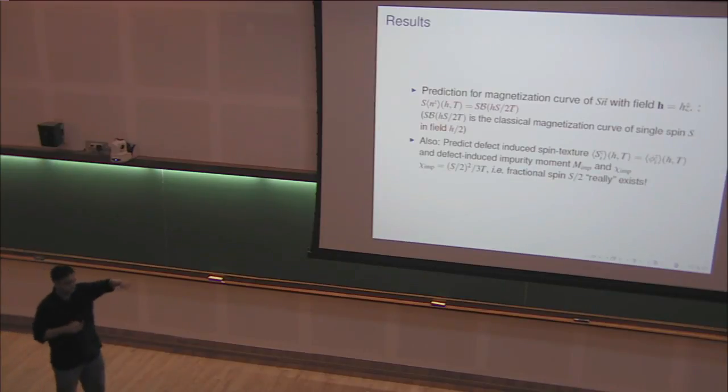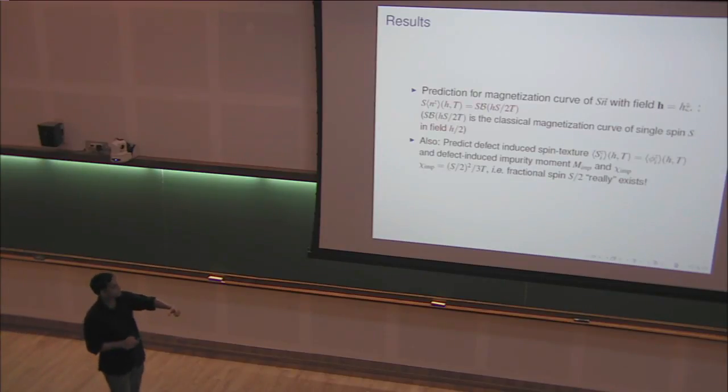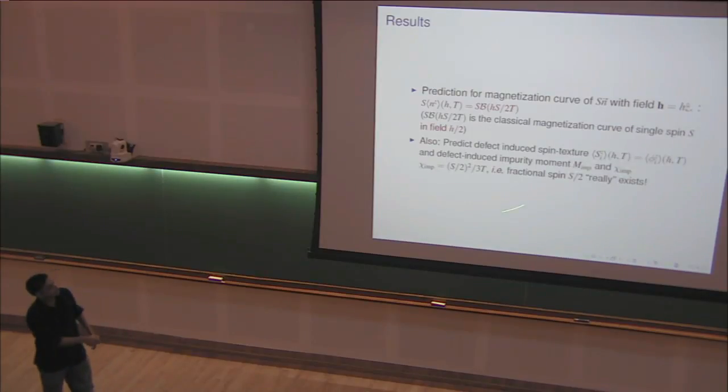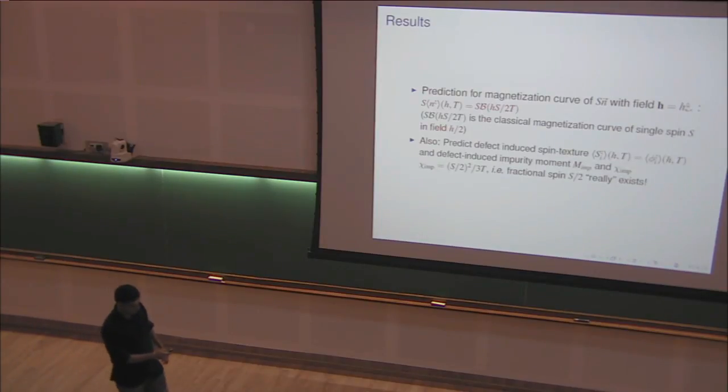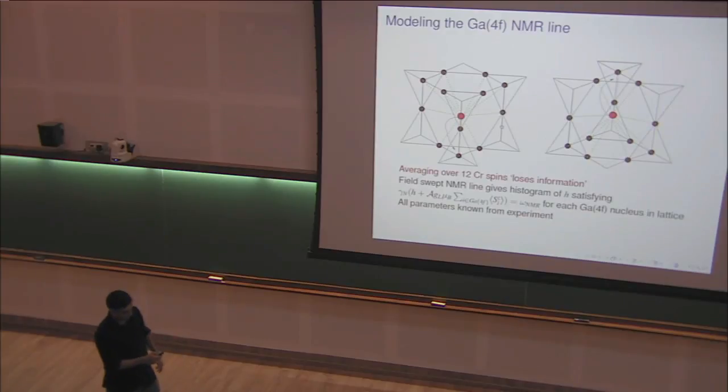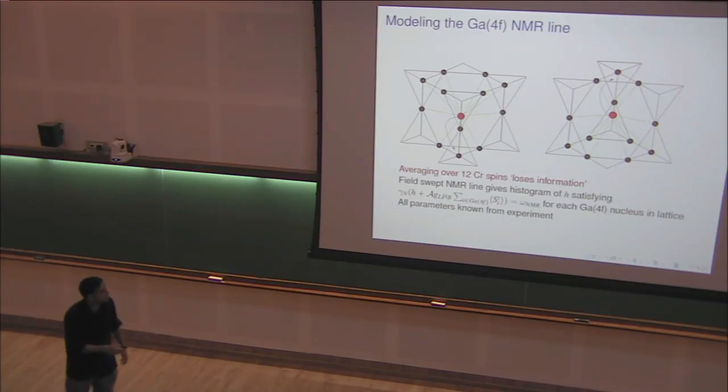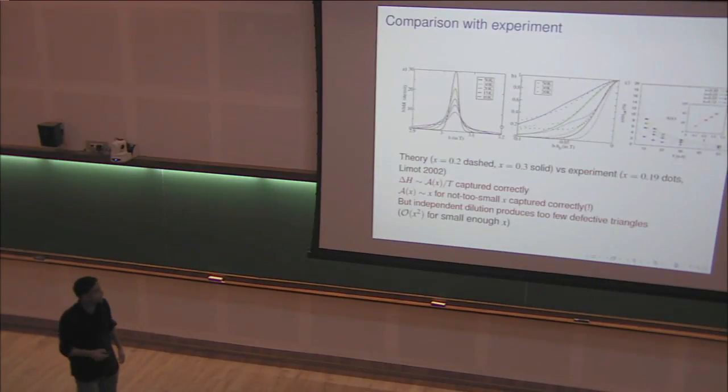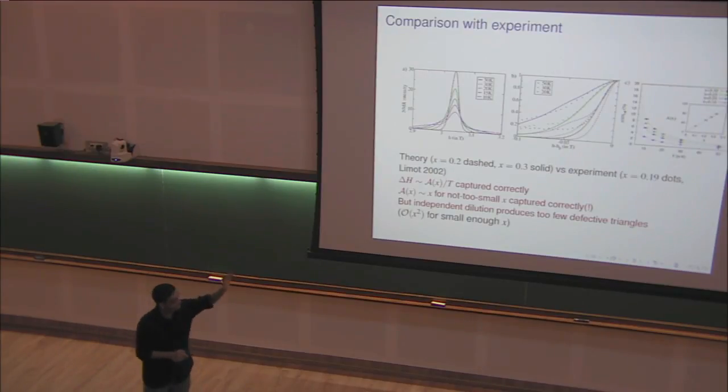It predicts the shape of the texture around this spin cluster, this spin moment, and it also predicts this. And so you can then use this theory and our knowledge of what the gallium NMR nucleus is and what the hyperfine couplings are to actually model the line shape that's measured experimentally. And we did that. And we found pretty good agreement with the broad brush features of the answer.